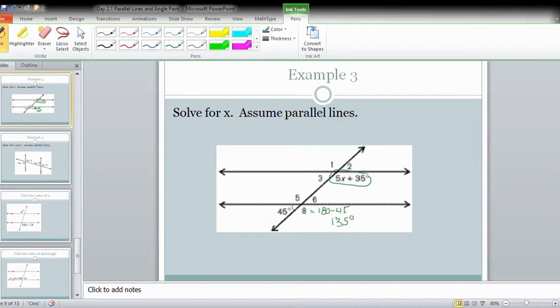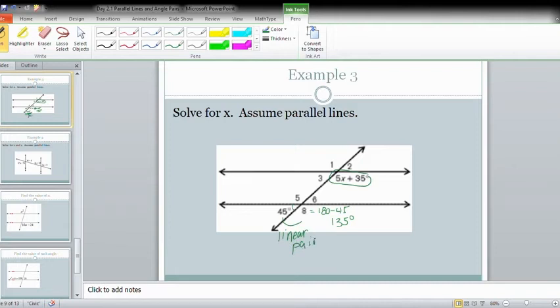So that means that angle 8 is 135 degrees. Well, so is 5x plus 35, because these are corresponding, right? So the relationship I used here was linear pair.